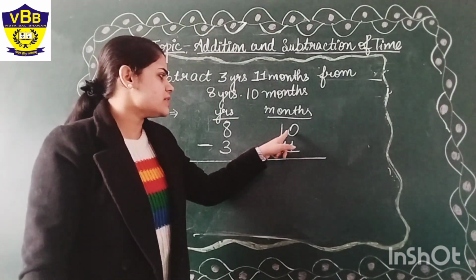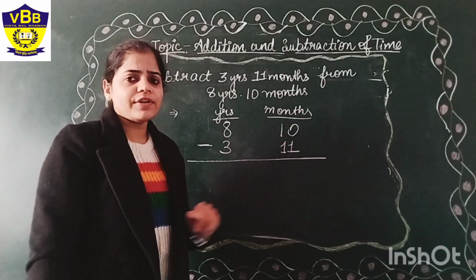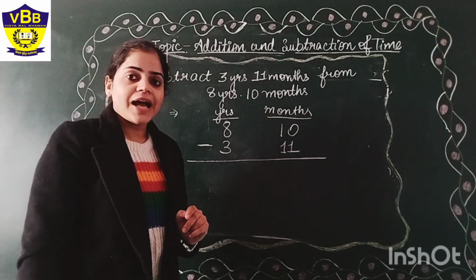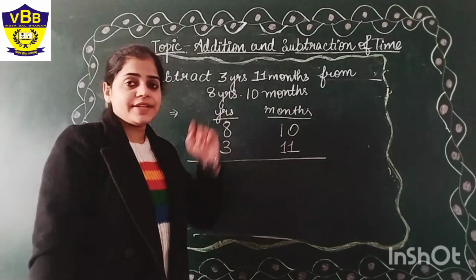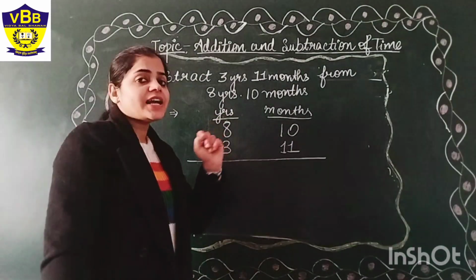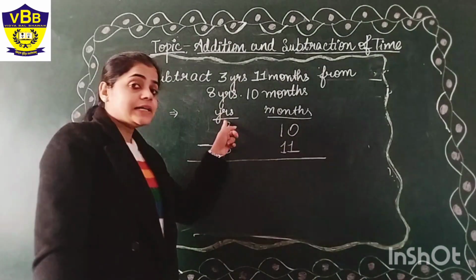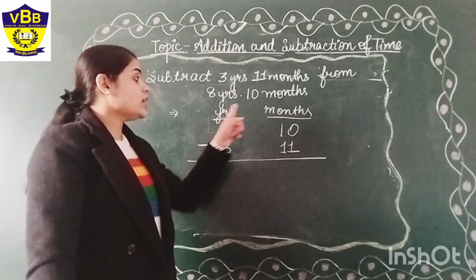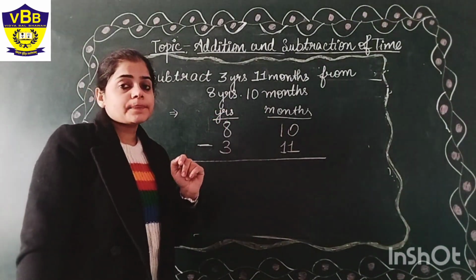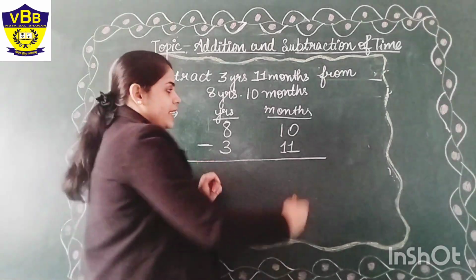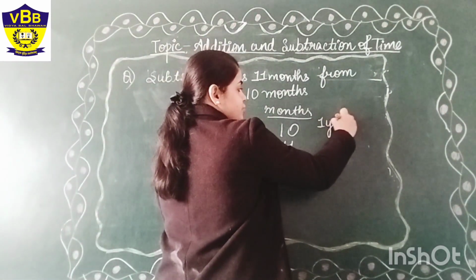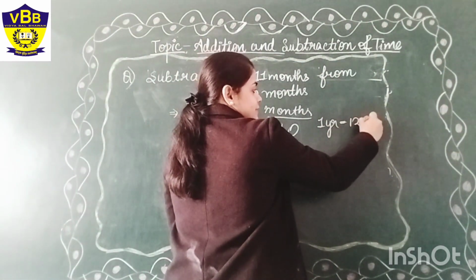Can we do 10 minus 11? No, we can't do this. So we will take a carry forward. But we are carrying forward from the years. And 1 year is equal to how many months? Yes, 1 year is equal to 12 months.